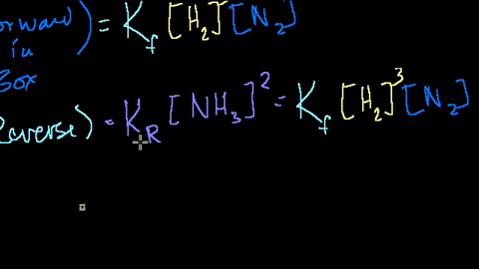And then if you set the constants equal to each other, you normally put the products on the right-hand side of the equation.